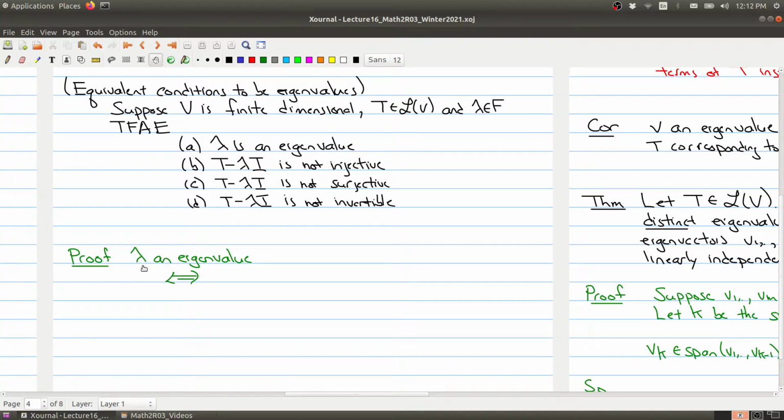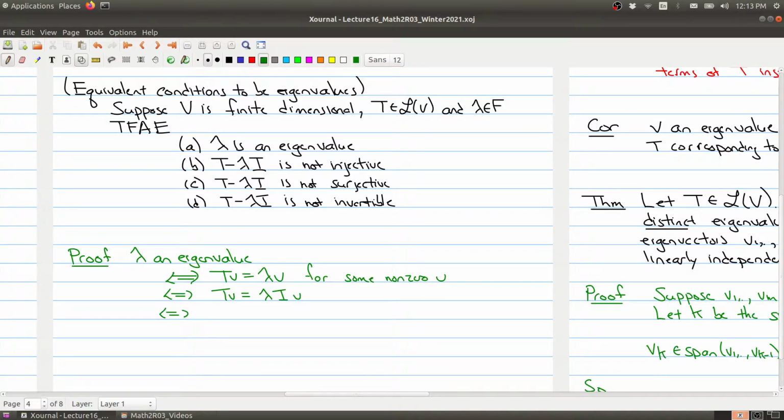Well, let's say that lambda is an eigenvalue. So by definition, that means that T times v, or T evaluated at v, is equal to lambda v for some non-zero vector v. But now notice that this is the same thing as saying T evaluated at v is the same thing as first plugging v into the identity operator and then multiplying by the scalar lambda.